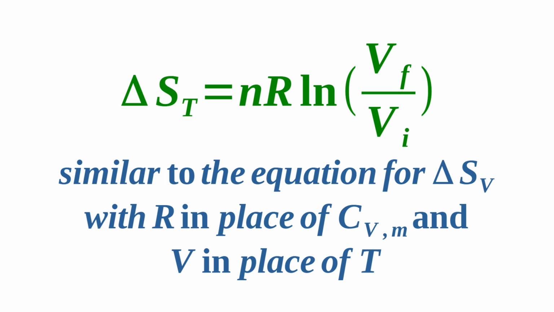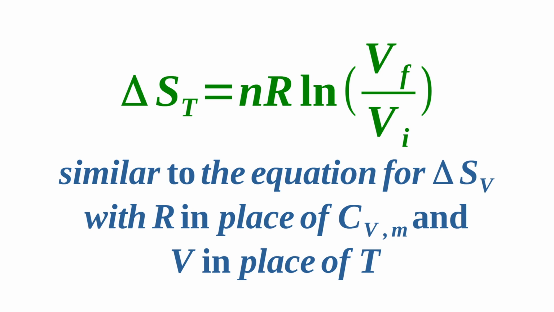An algebraic analysis of this equation shows that, as in the case of delta S sub V or P, when Vf is larger than Vi, as for expansion, their ratio is greater than 1 and its logarithm is positive. Since n and R are always positive, delta S is positive.